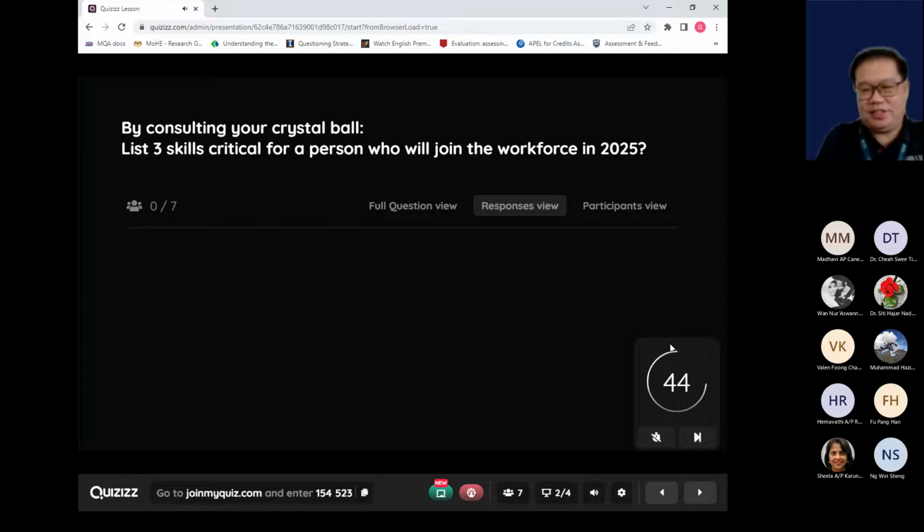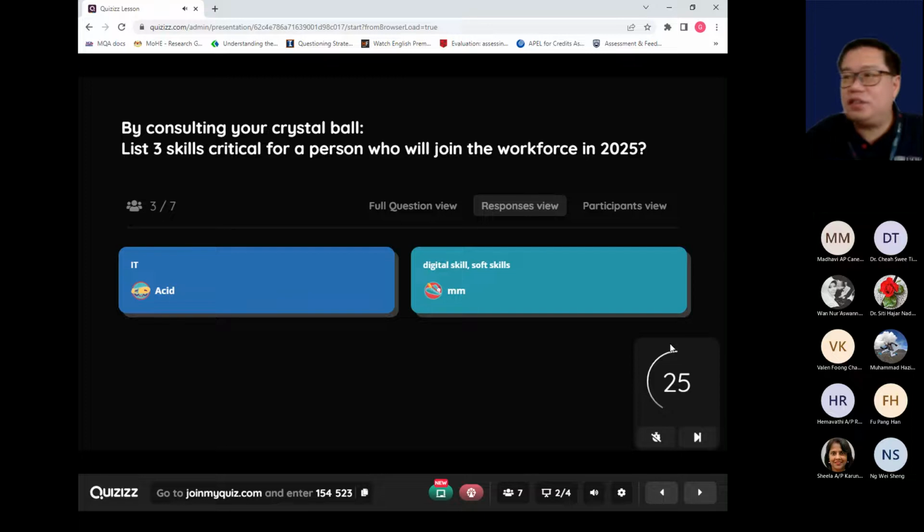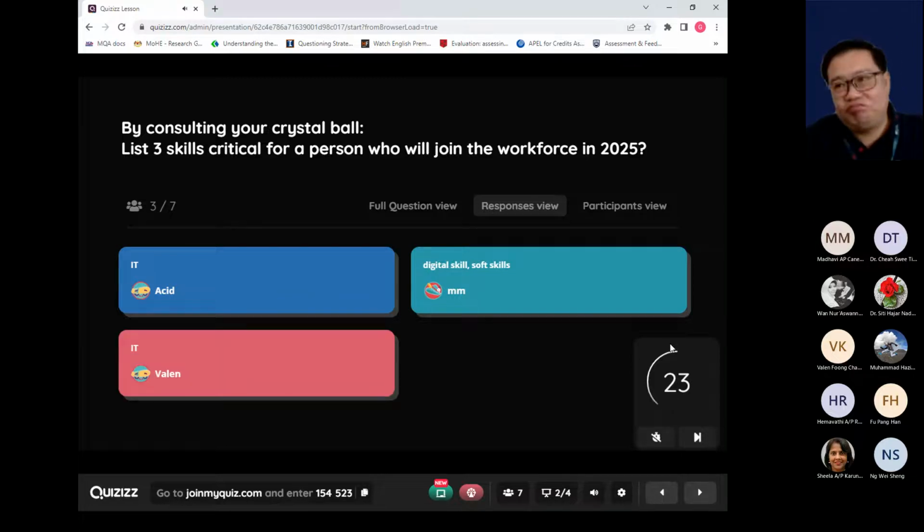What are the 3 main skills you think? You type, then you send. Information technology, says IT. 3 lah, 3. If possible, write down 3. Digital skills, soft skills, IT.